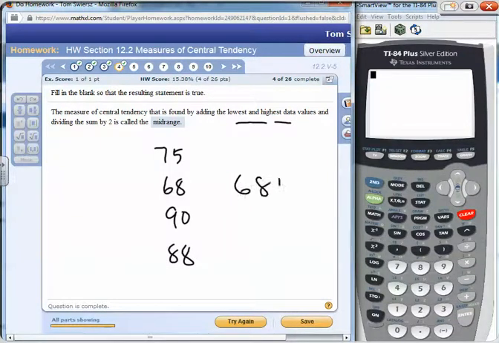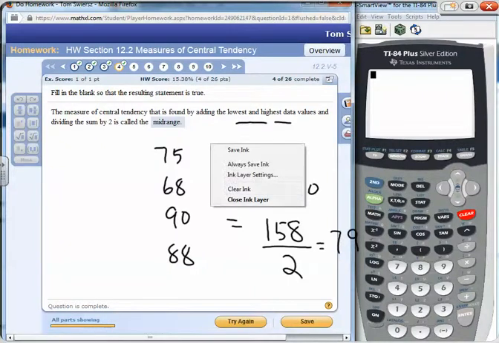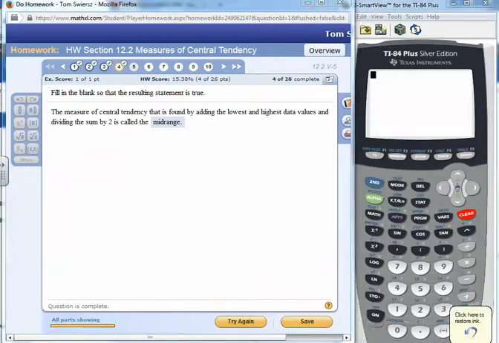So it'd be 68 plus 90, which is 158, and then you would divide by 2, which would be 79. So just make sure you definitely get the highest and the lowest, and then divide by 2 to find the mid-range.